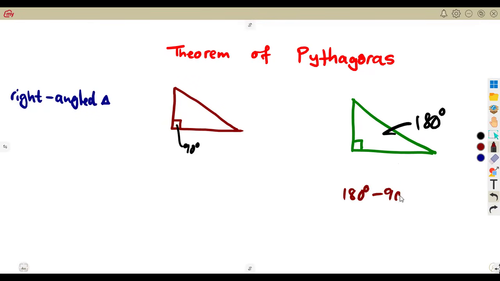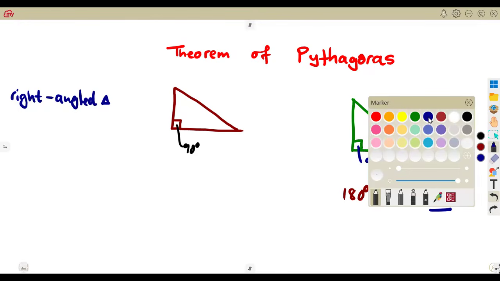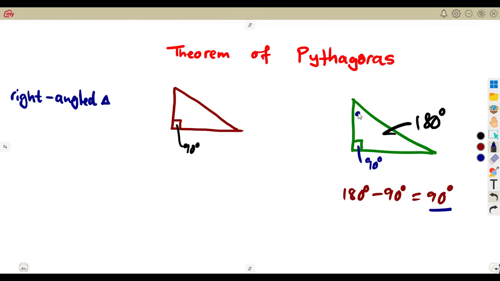You are going to remain with 90 degrees. Meaning the two angles that are remaining are sharing 90 degrees. This angle here and this other angle are going to be sharing this 90 degrees.